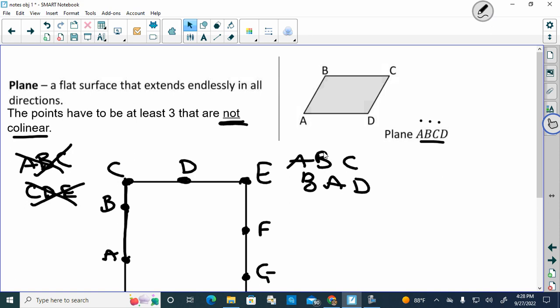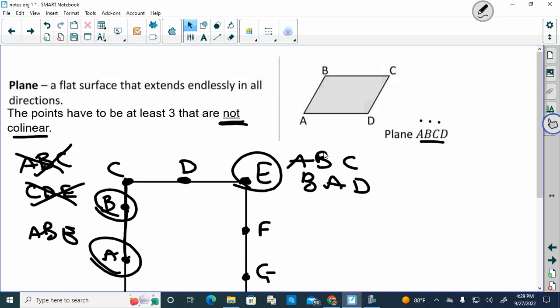Same thing with FG. It is wrong. But if I picked this one and this one and this letter, that would work. So I could call it ABE, because not all 3 letters are together on the same line. 2 of them are, but it can't be 3. So 3 letters cannot be on the same line together.